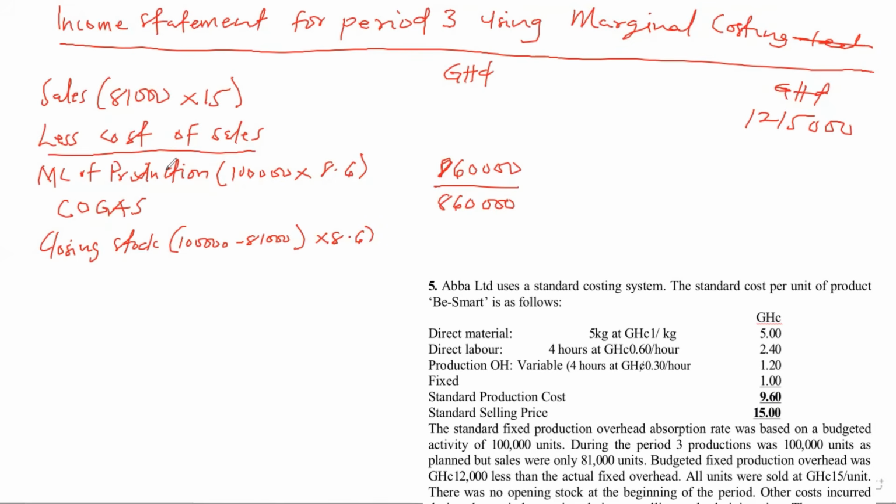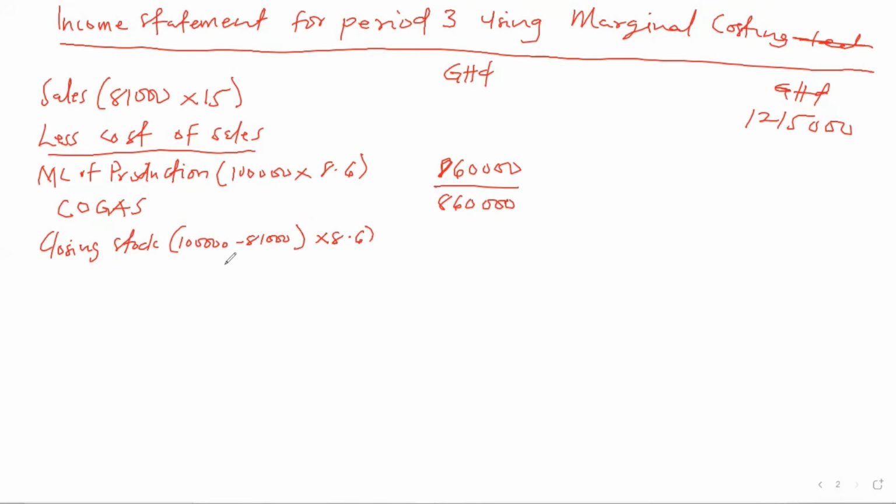So when you subtract the 81,000 from the 100,000, you get 19,000. 19,000 by 8.6, and that is where you get 163,400.